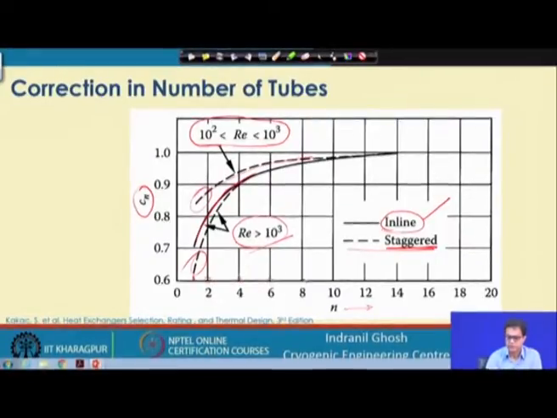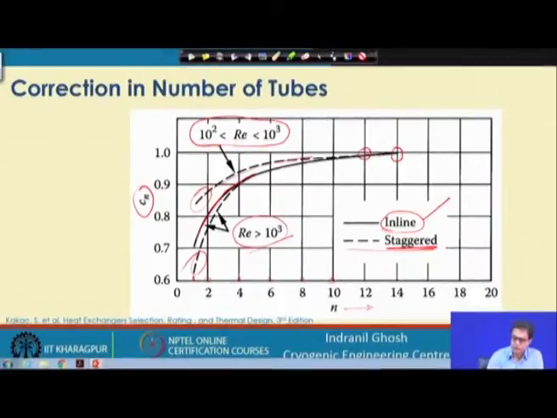4, 6, 8, 10, and if it is more than 10, you can see it is almost reaching the value 1. So, if it is say 14 rows, it is almost 1. If it is about 13, it is 0.99, about this point, and so on.